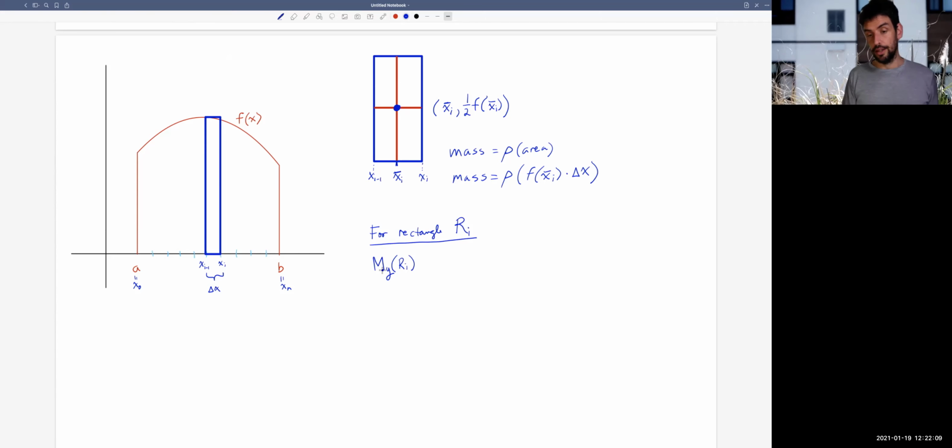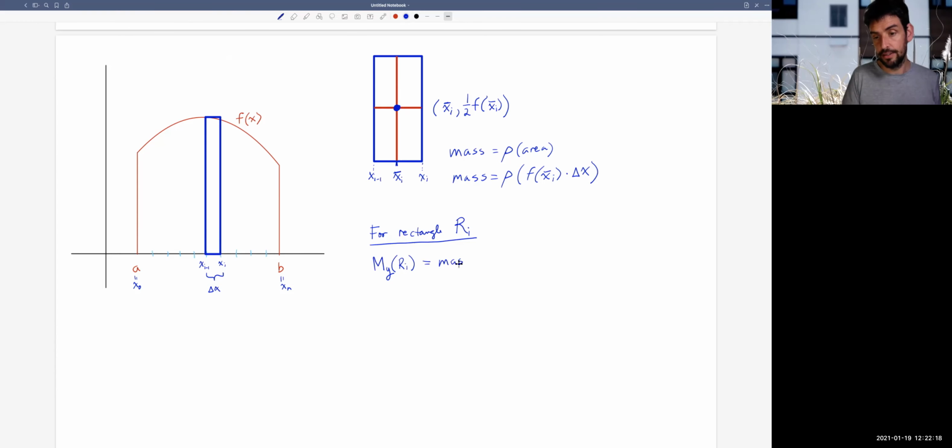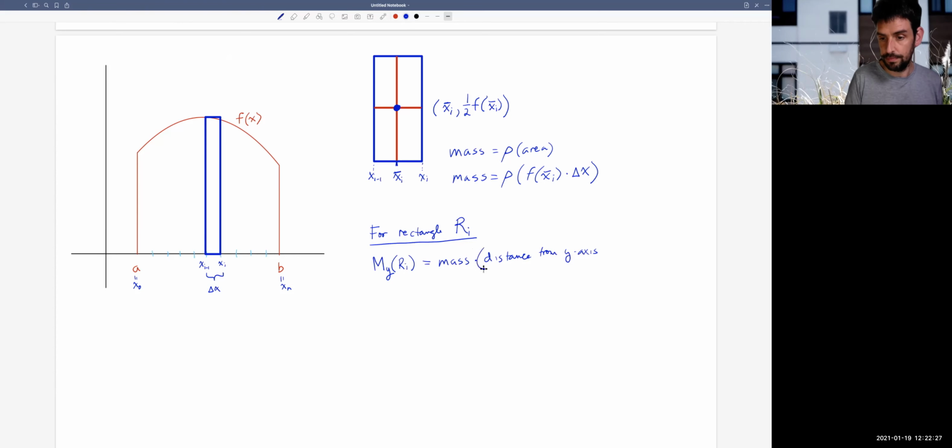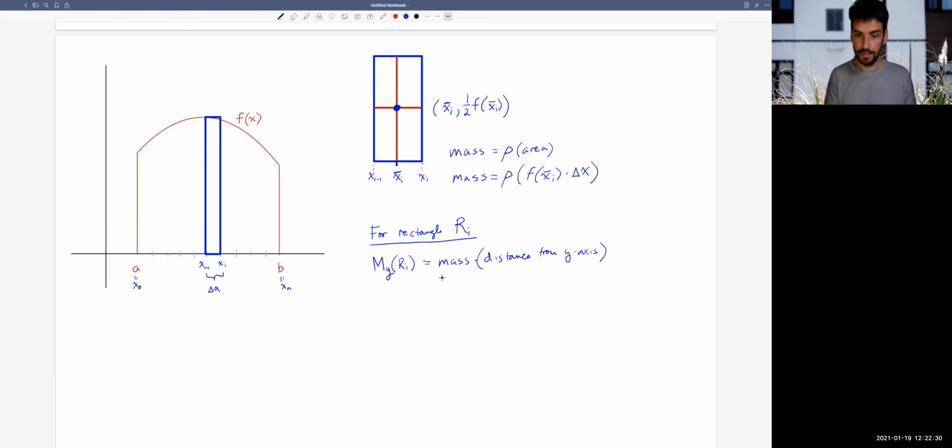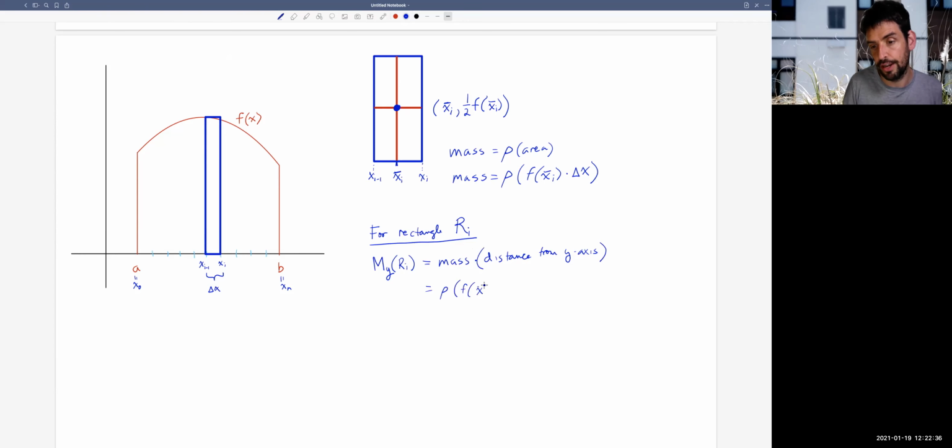So the moment with respect to the y-axis for this rectangle is going to be the mass times, remember, the distance, in this case, from the y-axis. Okay, so we just figured out what the mass of this rectangle is. It's rho times f of x bar sub i delta x.